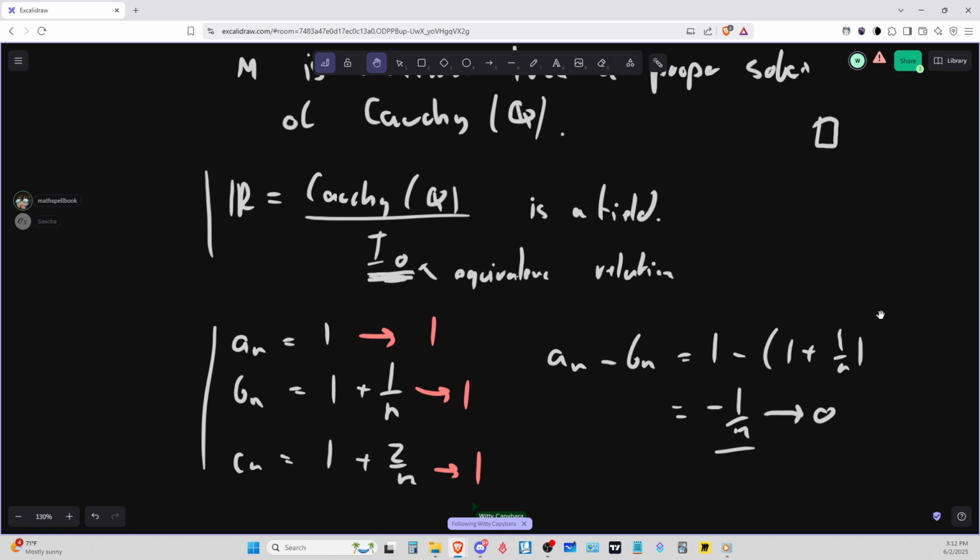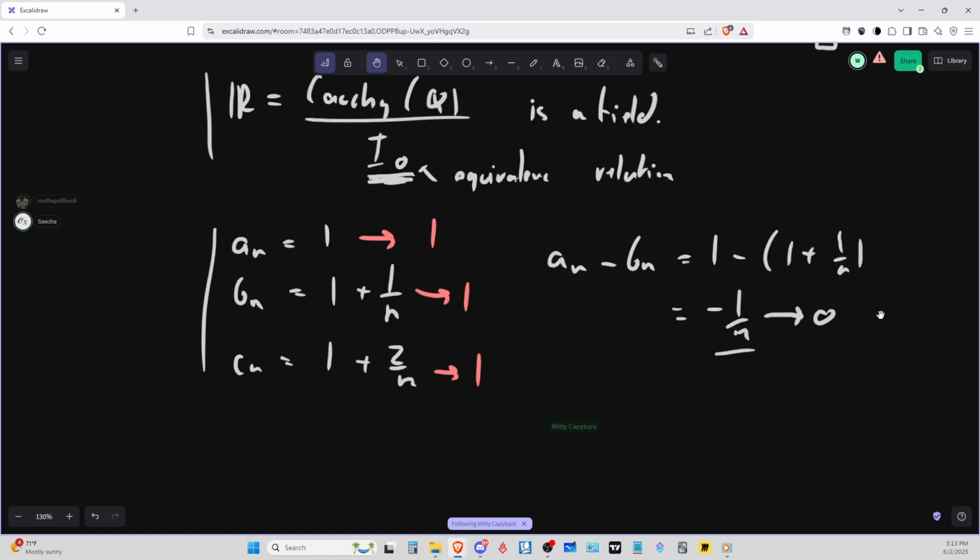Yeah. Basically it says I will consider those sequences to be equal if their difference is something that goes to 0. Okay. It's pretty much like even and odd numbers, right? I will say that 3 and, for example, 5 have the same parity if their difference is an even integer.